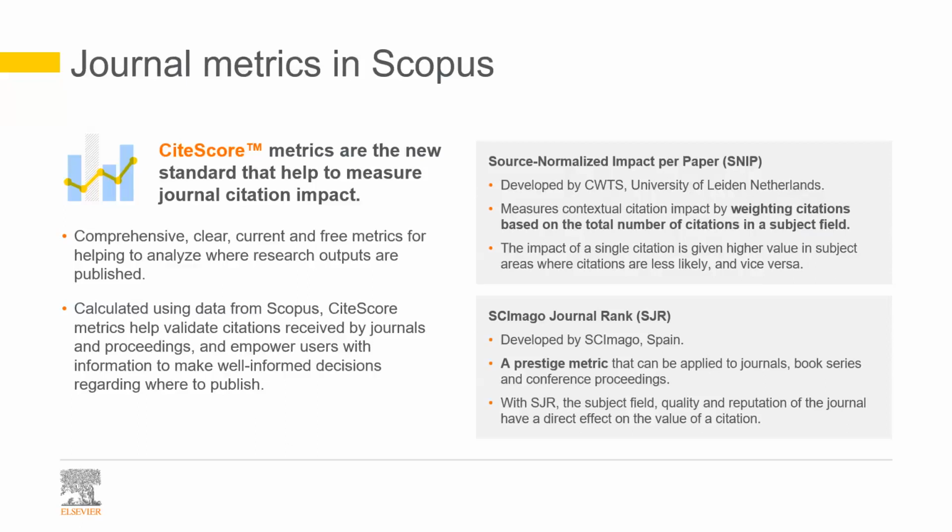Now you can see that SCImago Journal Rank, if the average is about 1, means that it is cited by more prestigious journals than average.